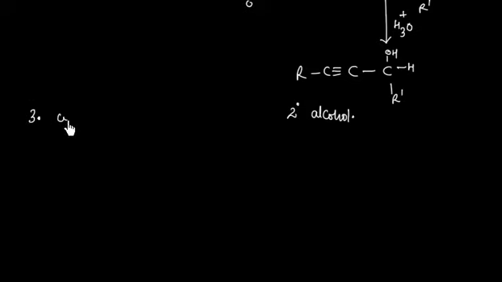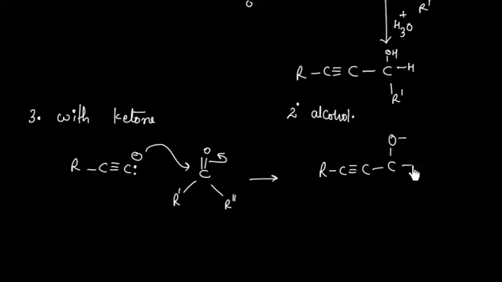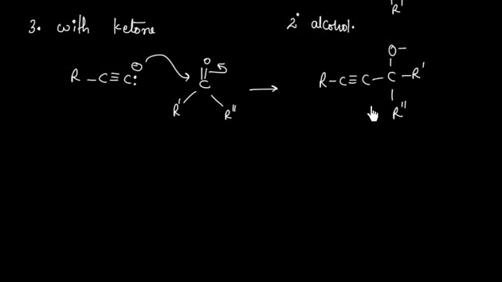Now when acetylide ion reacts with ketone, so let us say we have a ketone, this attacks, this opens, then we will have R dash, R double dash.